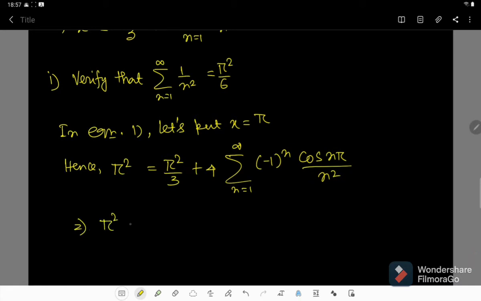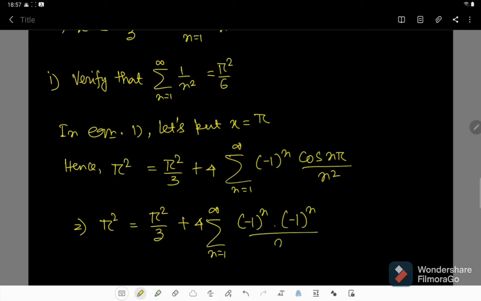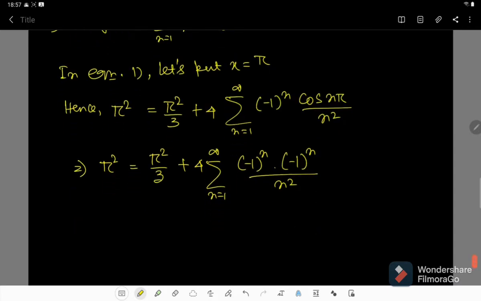That means equal to pi square by 3 plus 4. Now cos of n pi is minus 1 to the power n, so minus 1 to the power n times minus 1 to the power n and n square. So you can understand that it will produce 1 by n square ultimately.